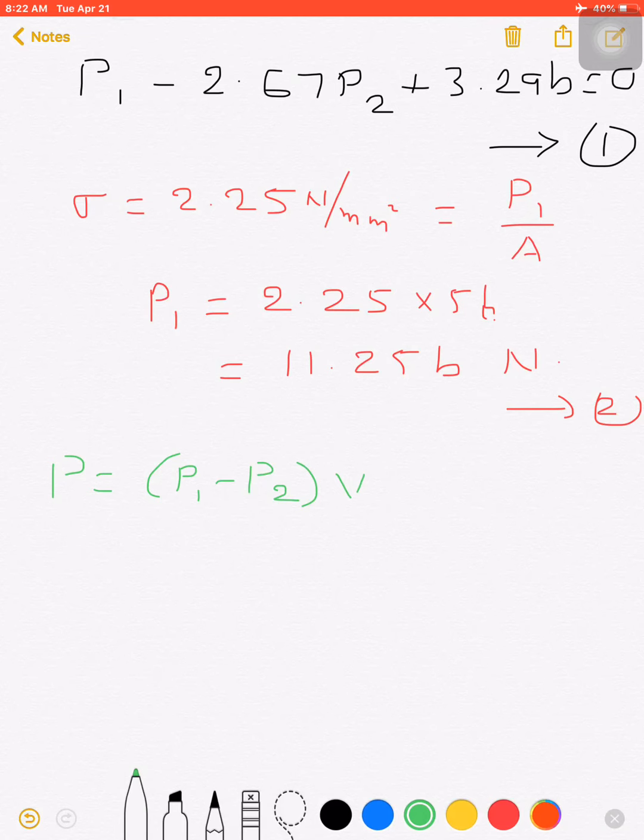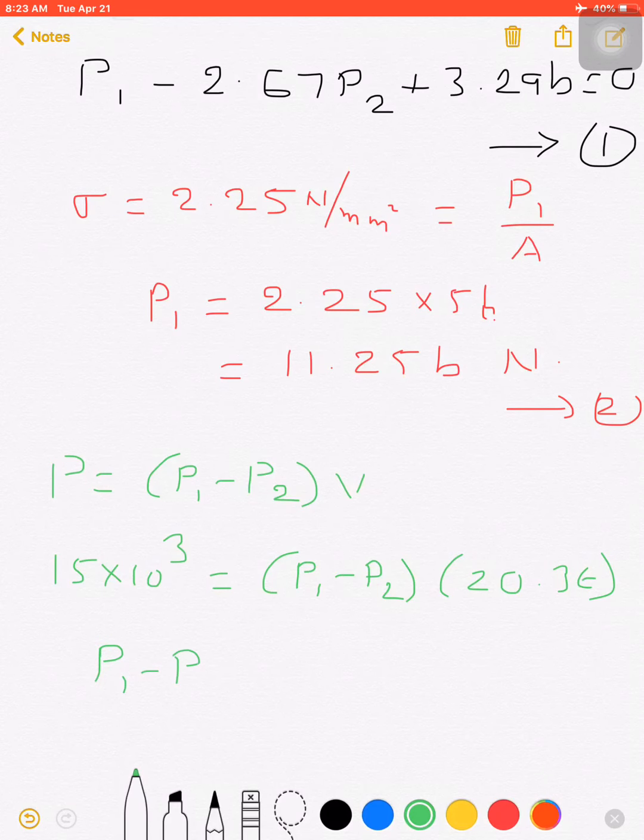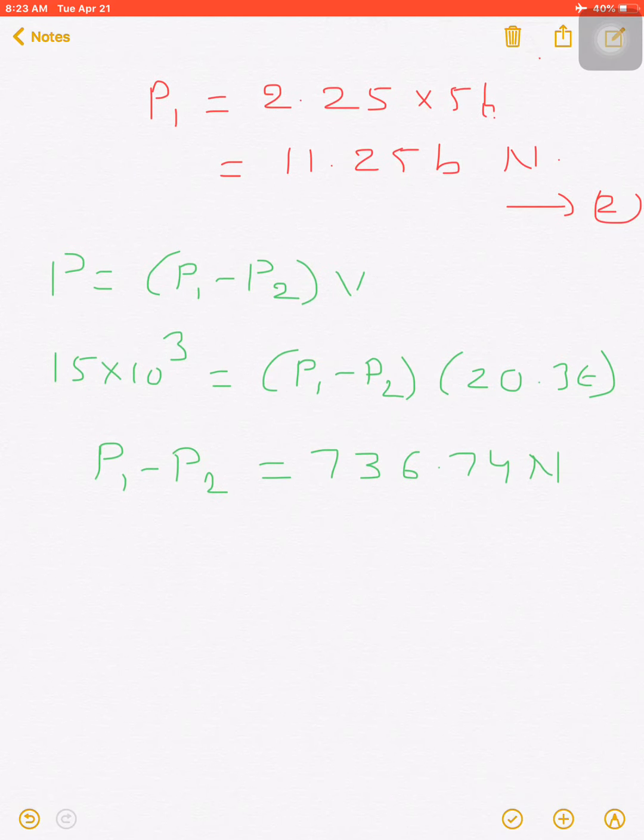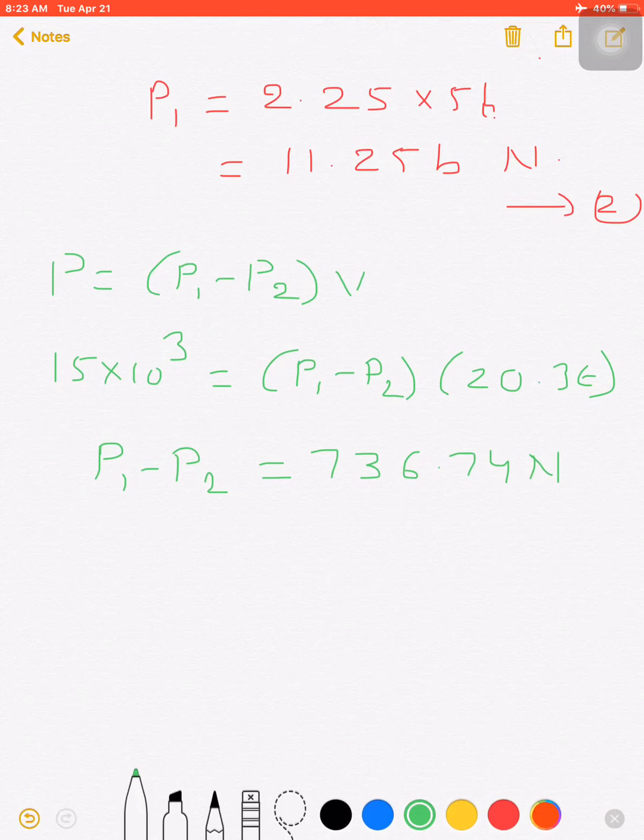The given power is 15 kilowatt, 15 into 10 to the power of 3, and the velocity is 20.36. If you simplify this, P1 minus P2 is equal to 736.74 Newton. We know that P1 value is 11.25 b. This is equation number 3.